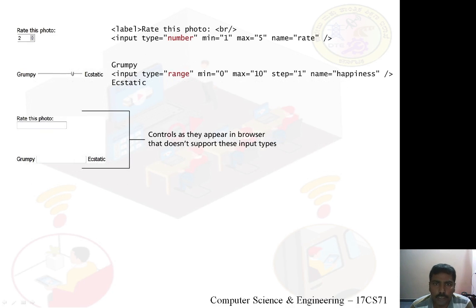So look at this. In the first part, I have used one label, rate this photo, and it is followed by input type number, with minimum given as 1 and max as 5. This is the range, and name equals rate.